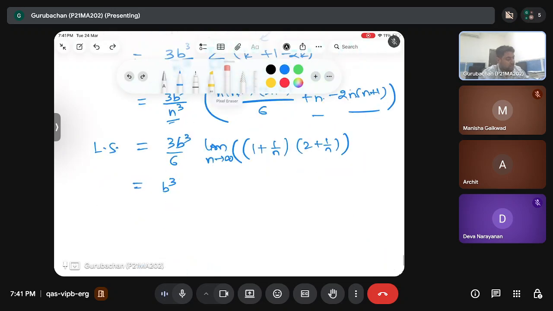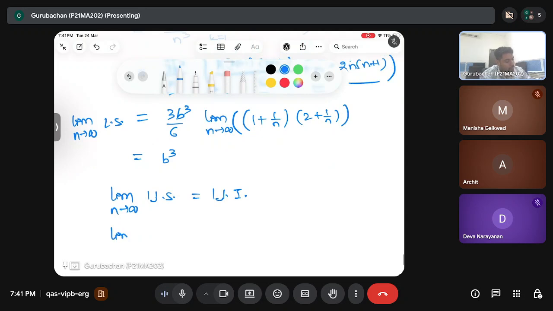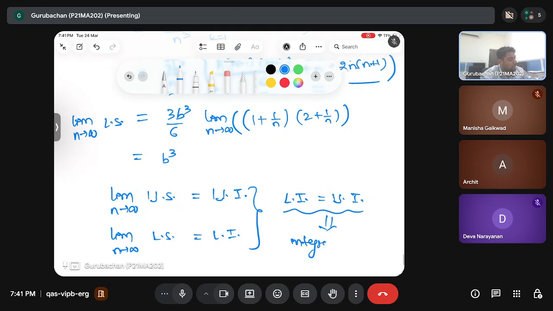So what is the terminology difference? Here, the limit n tends to infinity of the upper sum is called the upper integral, and the limit n tends to infinity of the lower sum is called the lower integral. And whenever the lower integral is equal to the upper integral, then we say that the integral exists.